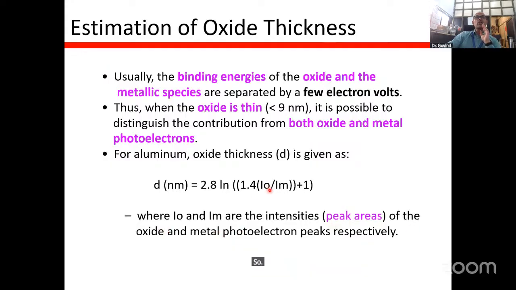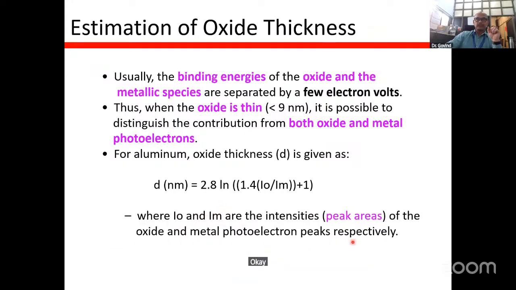So what are IO and IM? IO and IM are the intensities from the graph. What is the area ratio? You have to put that area intensity under the curve. IO is the oxide area under the curve, and IM is the metal area under the curve.